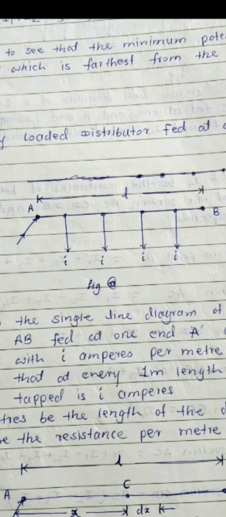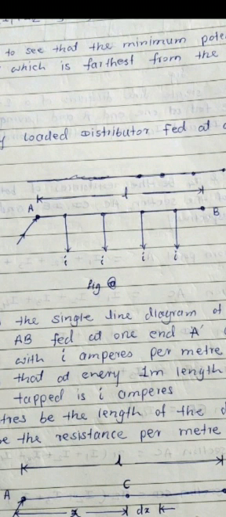As shown in the figure, it is a single line diagram of a 2 wire DC distributor AB fed at one end A and loaded uniformly with current small i amperes per meter length.